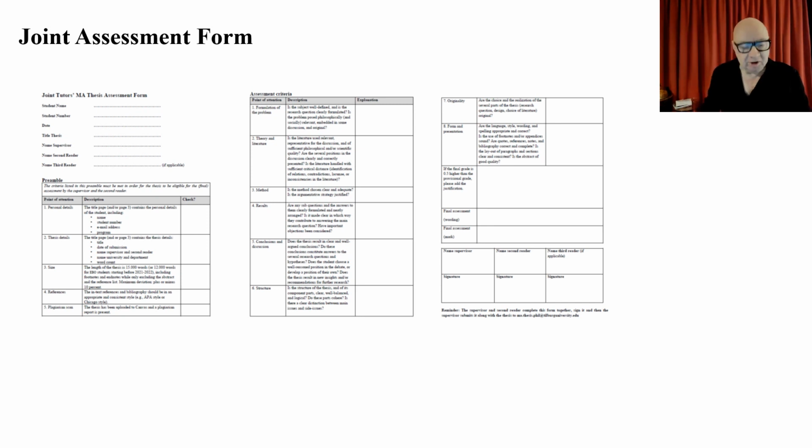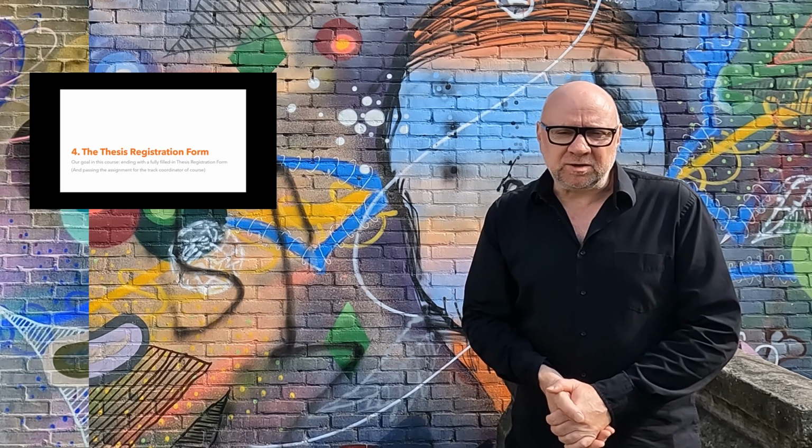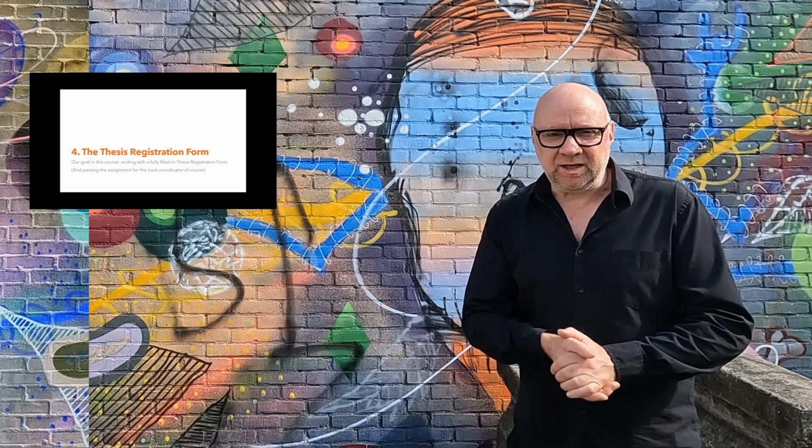The rest of the criteria are the same, and this is sent to the master thesis email address and to you. You are allowed to see the joint assessment form. So you do not get a copy of the individual assessment forms, but you do get one of the joint assessment form.